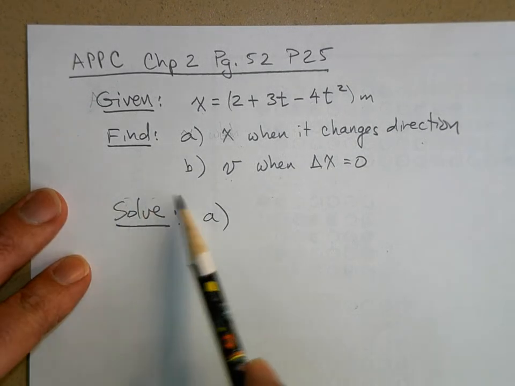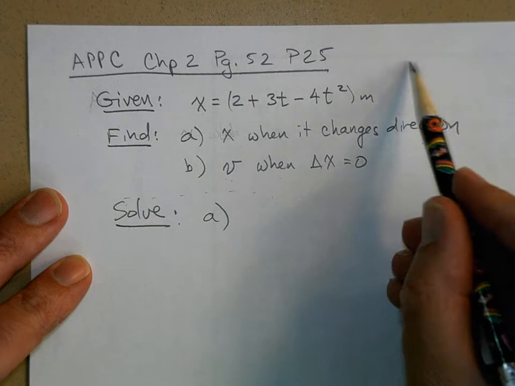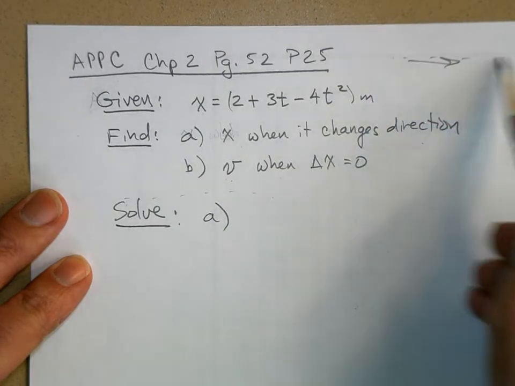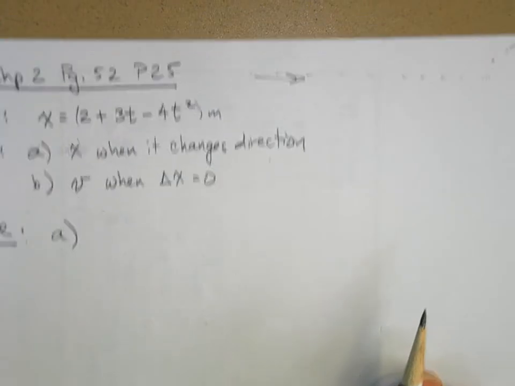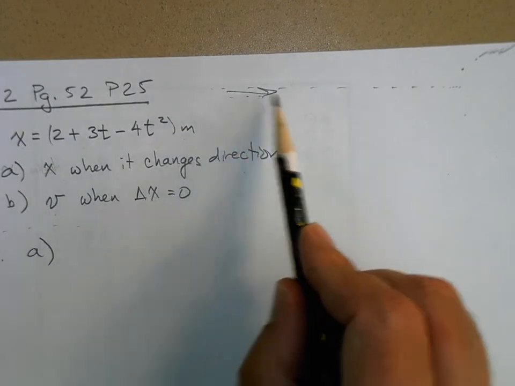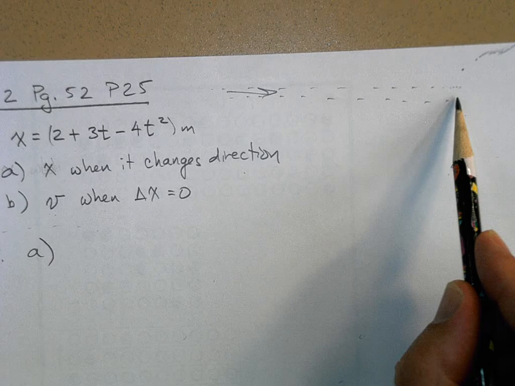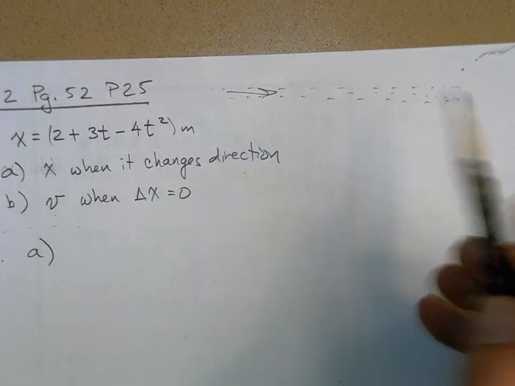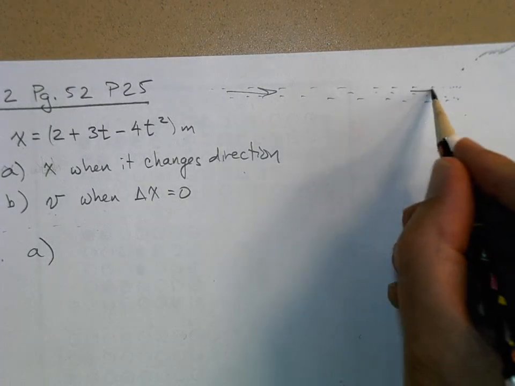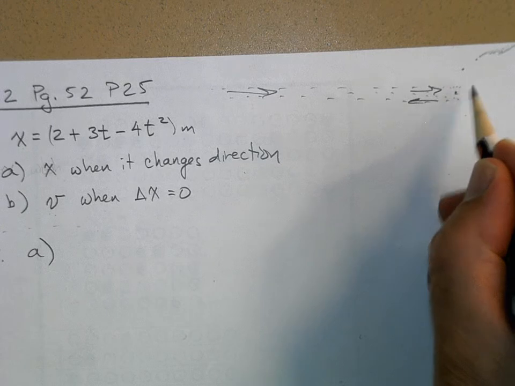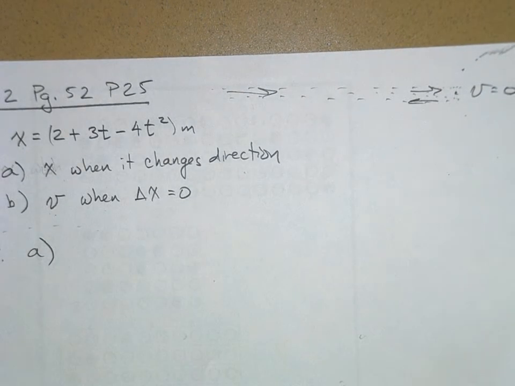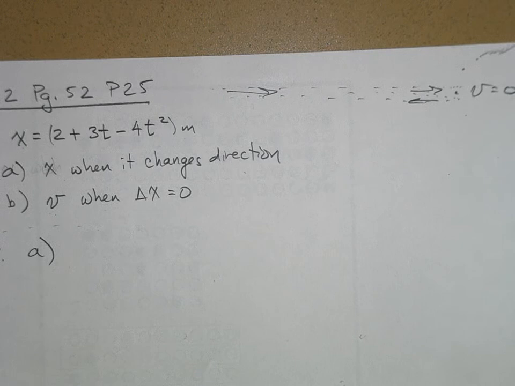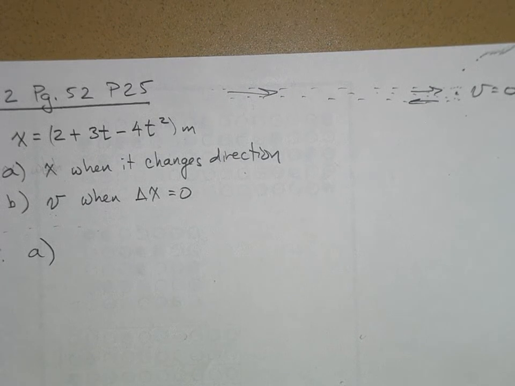If something's moving along to the right, it has to stop and then change. So when you're going from this way to this way, your velocity has to equal 0 at that instant in time that you're changing direction. Does that make sense? Okay.